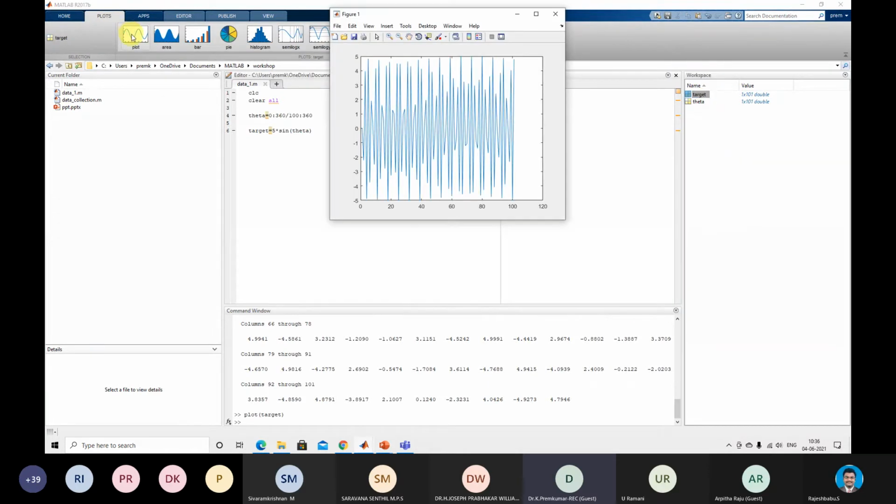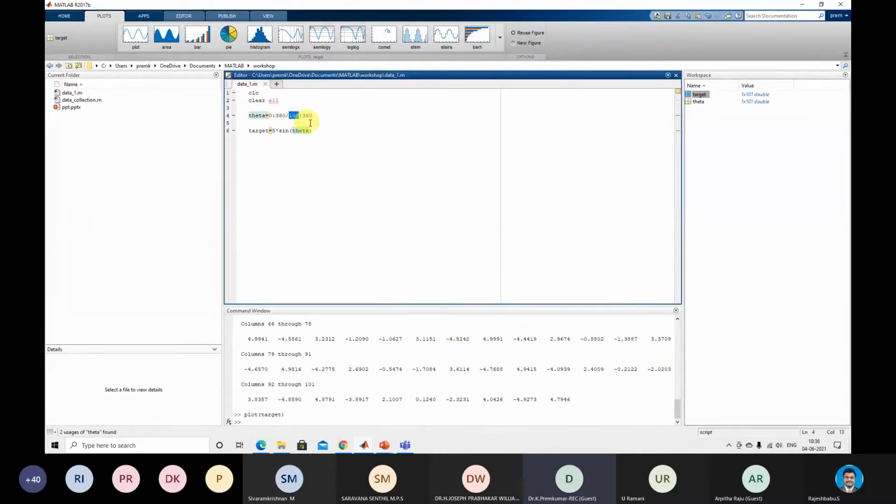So I'm going to plot this one. Now you can see what happened: you are not getting an actual sinusoidal. Because with this sine function, you need to provide the theta value in terms of radians.